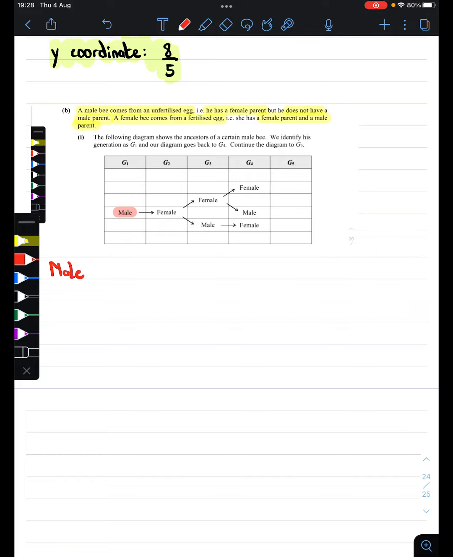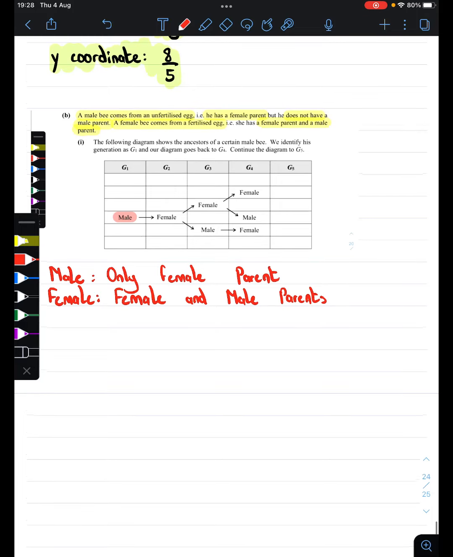Male bees have only a female parent, and female bees have female and male parents. The bee that we're looking at is male, so that's why in G2 there's only a female parent, because he only has a female parent.